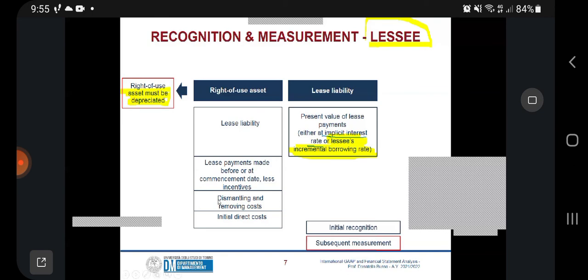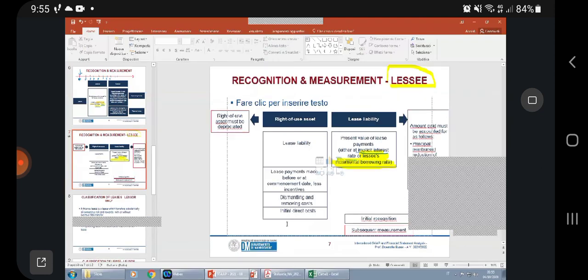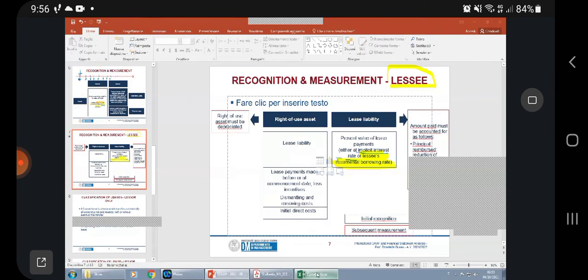So, this means that in our case, at the end of year 1, we need to account for the depreciation.